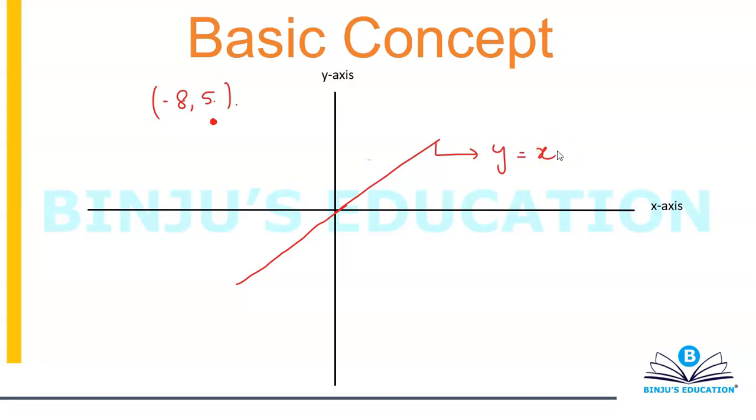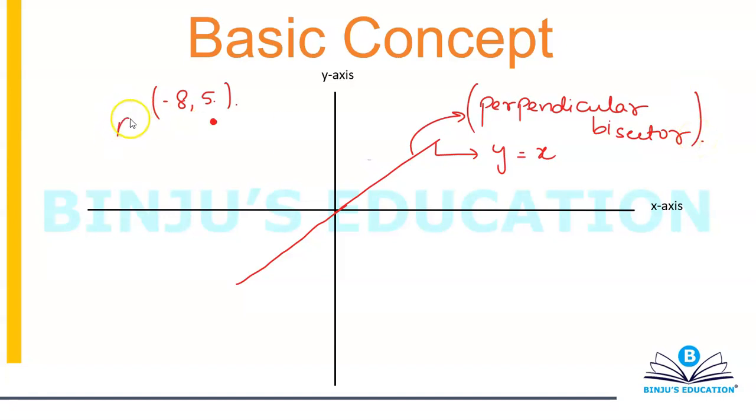Now, if you want to take the reflection of this point A, minus 8 comma 5, along the line y is equal to x, then this line y is equal to x will act as a perpendicular bisector of this point A and its image. Let's call the image A dash.